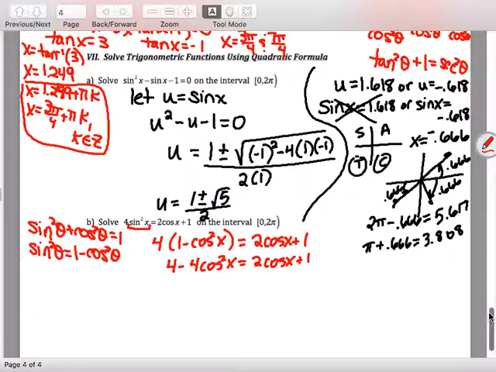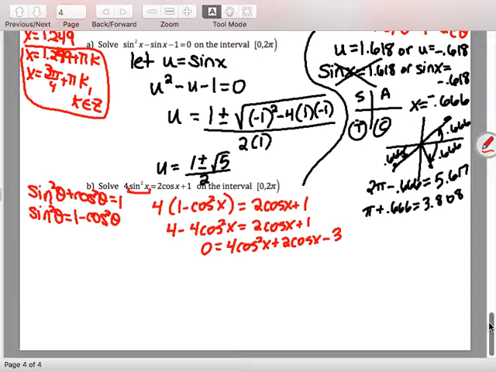Let's get everything on one side equal to 0, so I'm going to add the 4 cosine squared, and then I'll subtract the 4. If you remember your factoring, when you're doing trial and error, I'm looking for two numbers for the outer inner that multiply to negative 12 but add to 2.